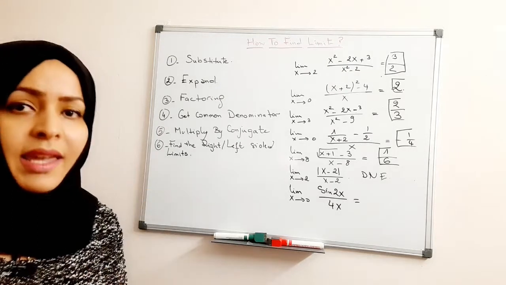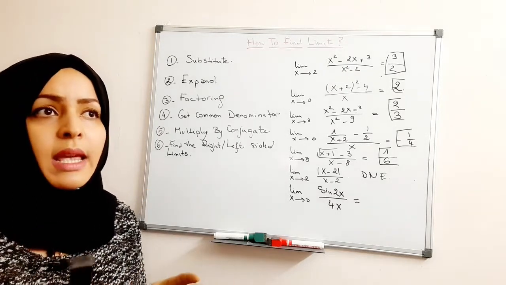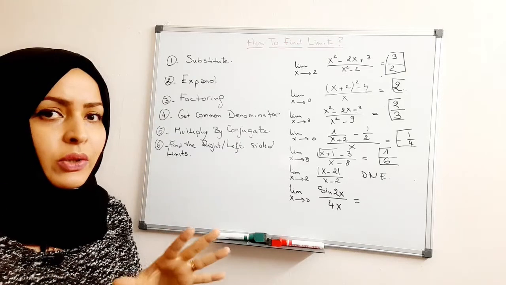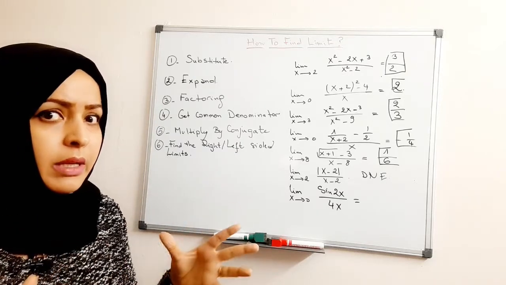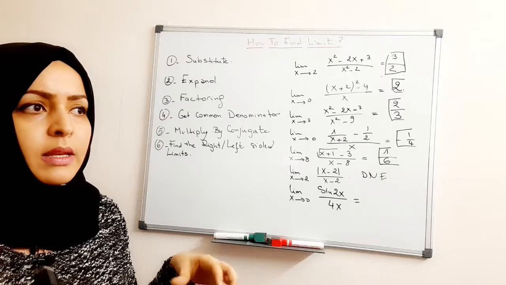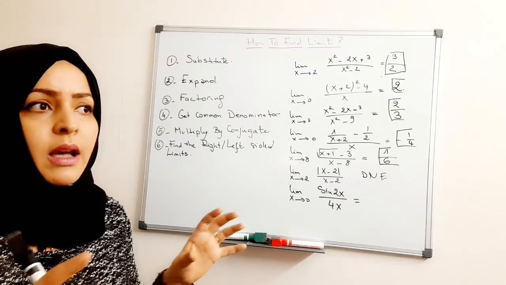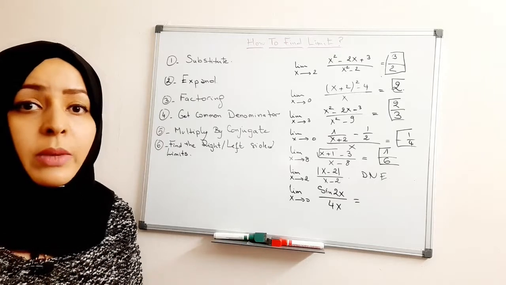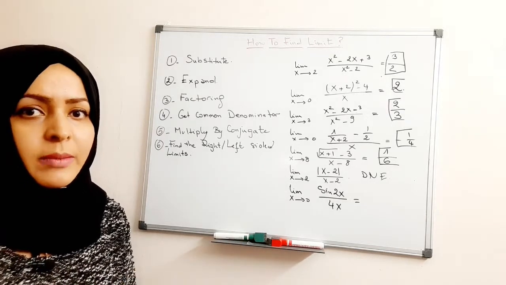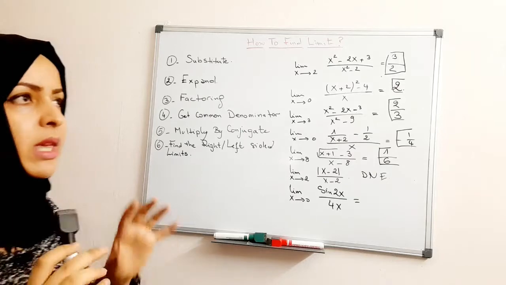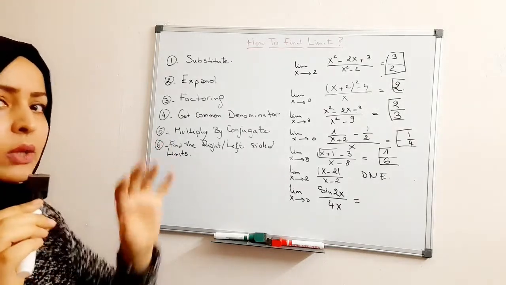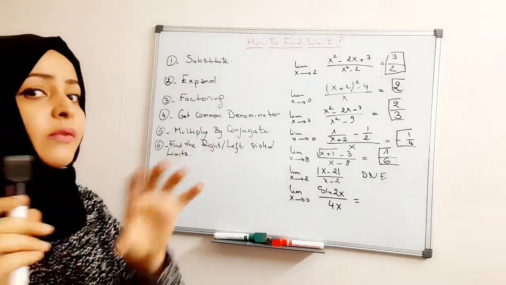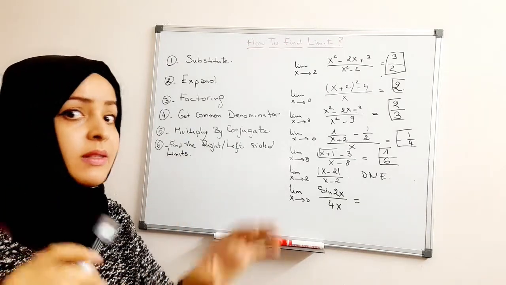The last thing that we can do is to use the standard limits of the common functions. We know sine, cosine, log, the e function, all those functions for which we know the standard limits, and we can use them when we have a function that looks like one of them.